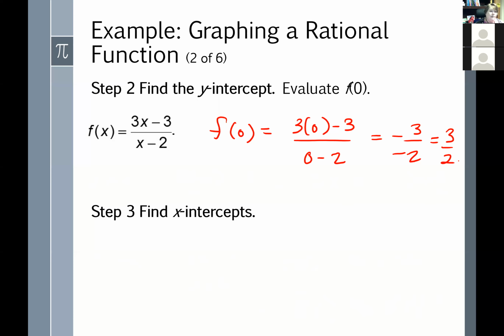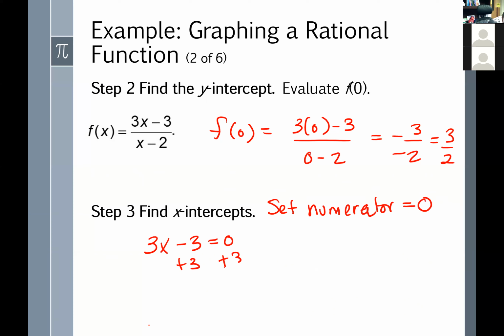Find the x-intercept. To find the x-intercept, you set the numerator equal to 0, because that is where this fraction is 0. A fraction is 0 when its numerator is 0, not when its denominator is 0. So x equals 1 is the x-intercept.